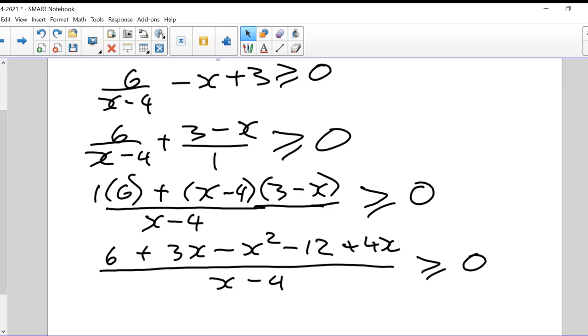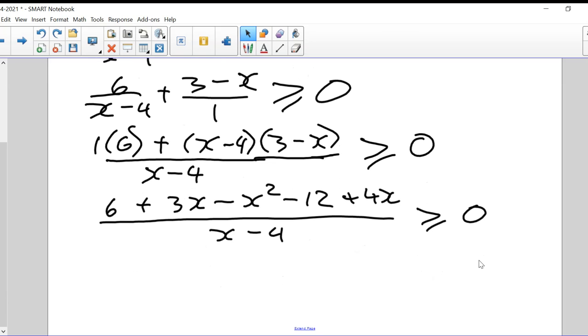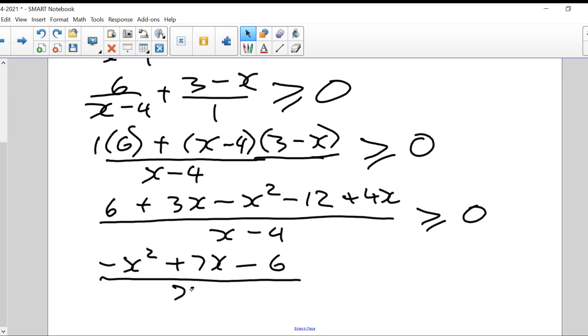All I did is put all of that together, and now we're going to simplify it. So I have minus x squared, plus 7x, minus 6, all over x minus 4, greater than or equal to 0.